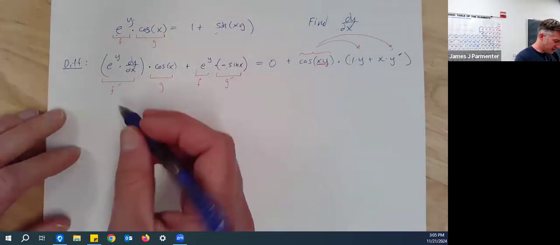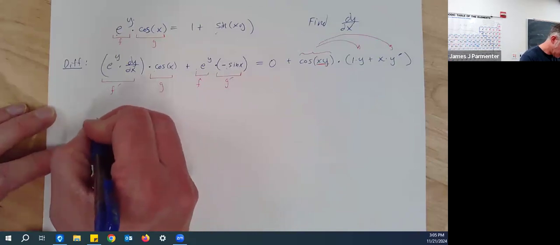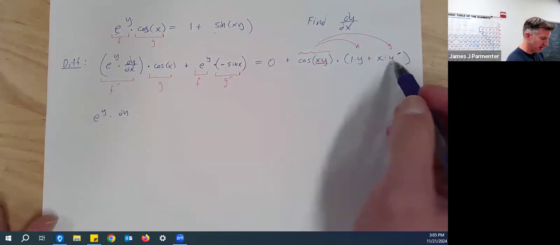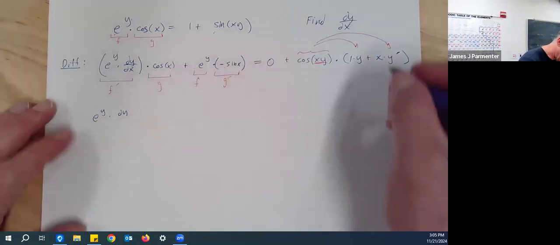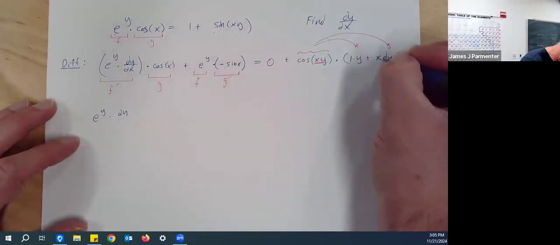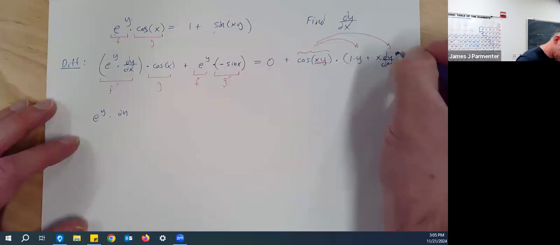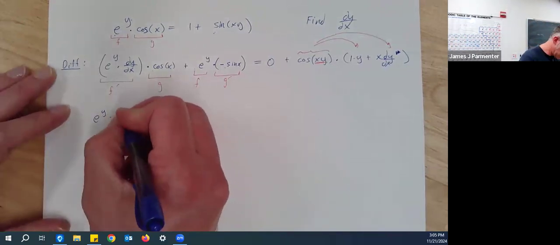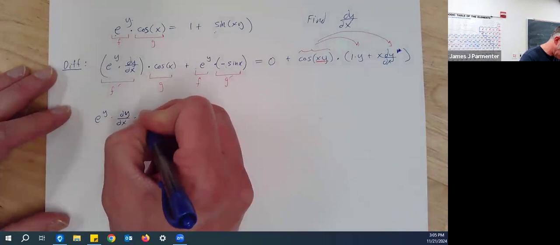So we're going to rewrite this kind of terribly as e to the y times dy. Sorry, I apologize. I used y prime here and dy dx over here. That's terrible. Let's call this dy dx over here. Sorry about that. It's really the same thing, but you should be consistent with your notation. So we have e to the y times dy dx times cosine of x.